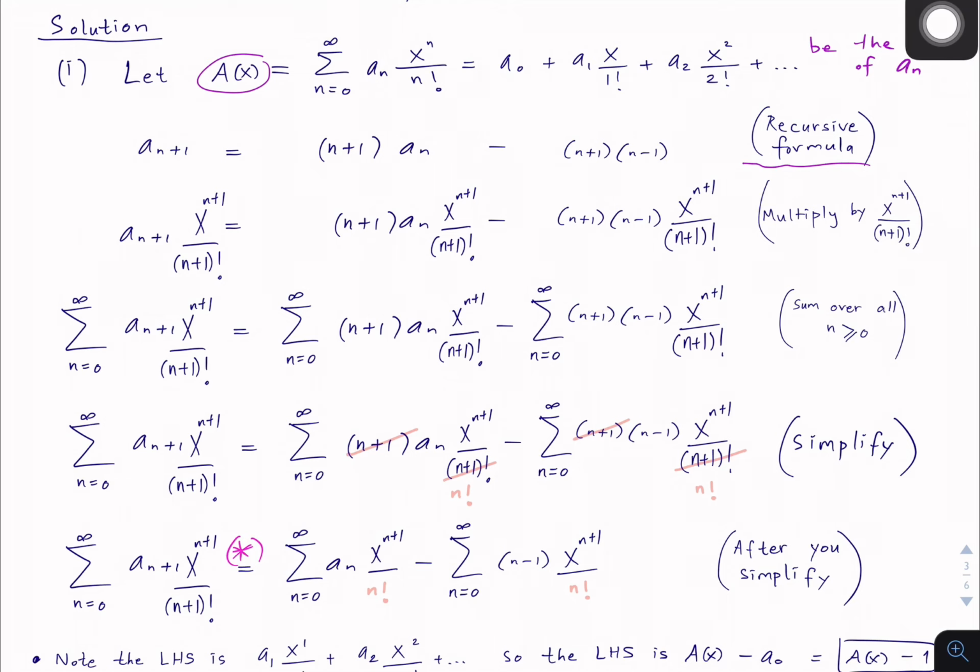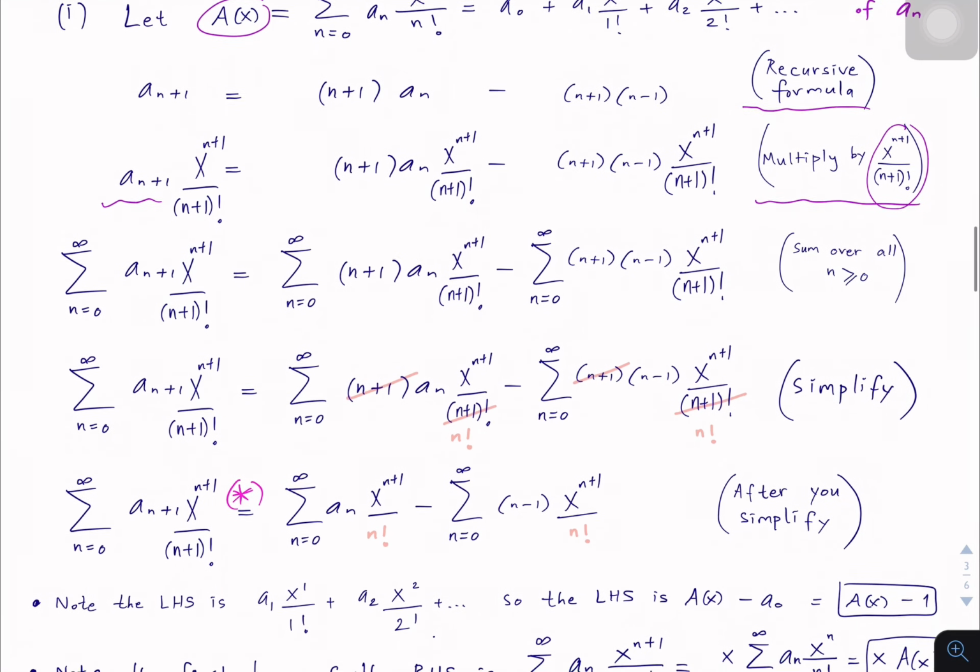Then I multiply both sides by x to the n plus 1 over n plus 1 factorial. I could have done it differently, but I was trying to match the index of the left-hand side.